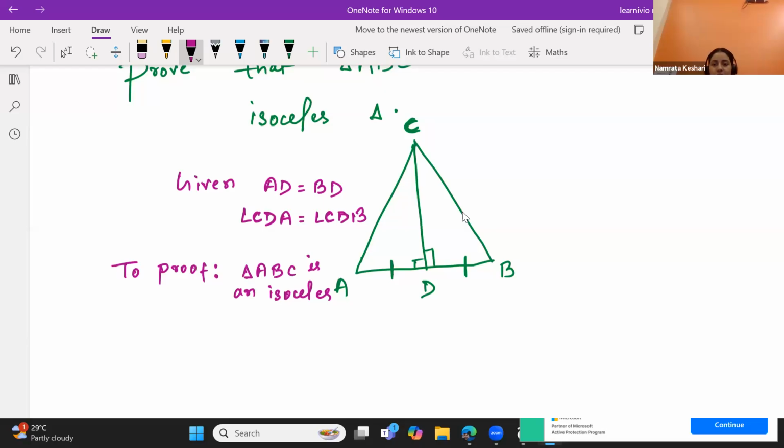Yes, Safia, Ishan. ABC isosceles we have to prove. If we are able to say that angle A and angle B are the same, then we can say ABC is an isosceles. Yes or no?